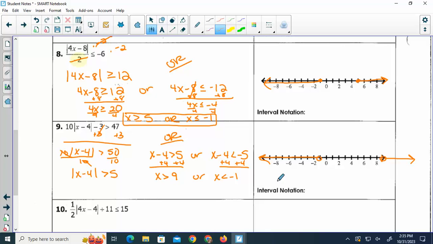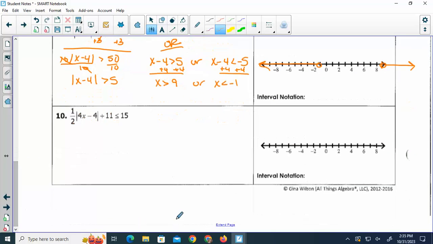Okay, let's do number 10 together, the very last one. One more where we have a couple steps. What would we have to do first? We have 1/2 times the 4x minus 4 is less than or equal to 4. Then, if I don't want to bring the 1/2 in the absolute value, what's the other option?